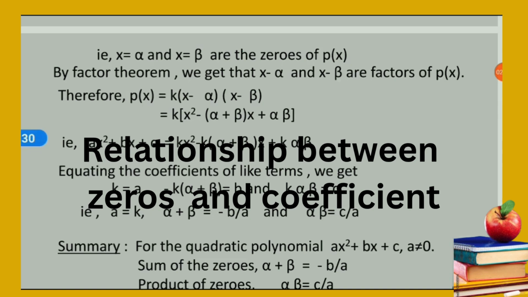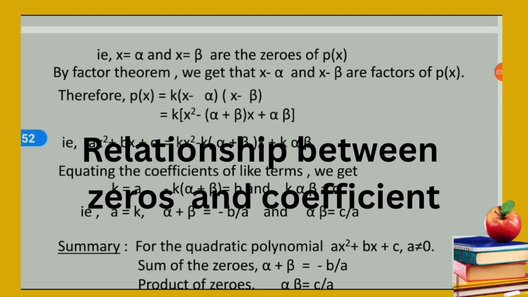If x is equal to alpha, what is a factor? X minus alpha is a factor of the polynomial. If x is equal to beta, the factor is x minus beta. That is, here we have 2 zeros, so x minus alpha and x minus beta are factors of the polynomial p of x.